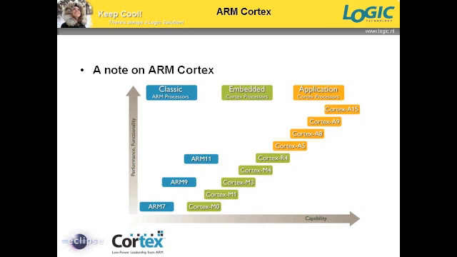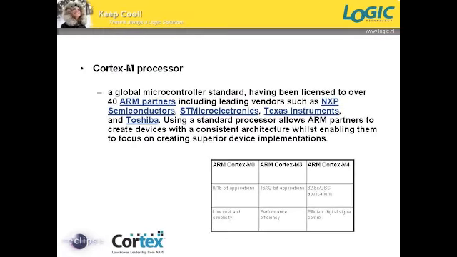The Cortex-M family is based on the ARM v7 core, specifically targeted at embedded applications. Embedded users are usually looking for performance, power consumption as low as possible, and specific integrated I/O devices. The devices are available from more than 40 different ARM partners.